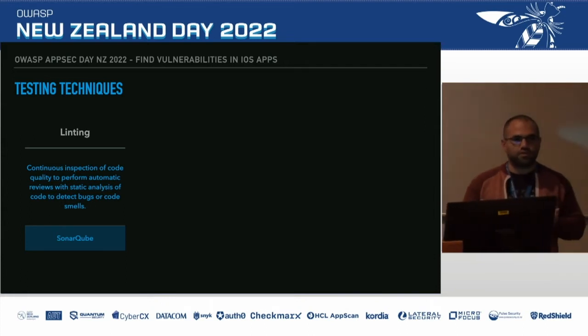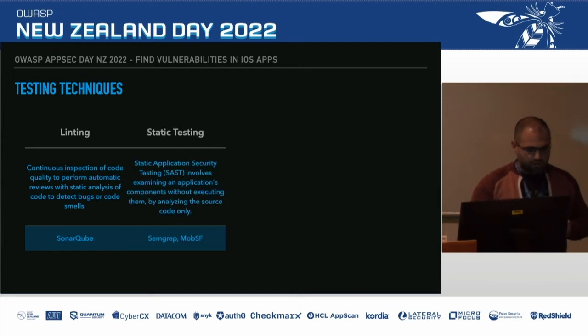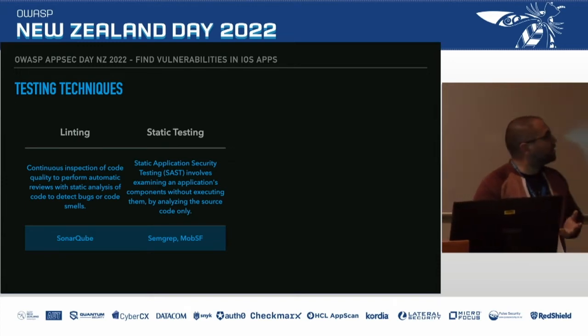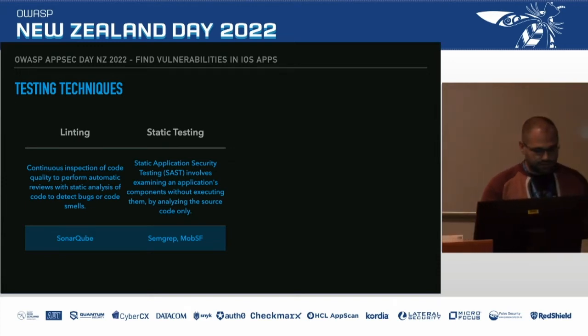I know it has some security rules, but it's not really a security tool in that regard, because those would be tools that have only security rules and are designed for it. SonarQube has a lot of rules available and a few security rules, but I wouldn't really consider it a SAST tool. For static testing, the tool focuses on security vulnerabilities in the code.